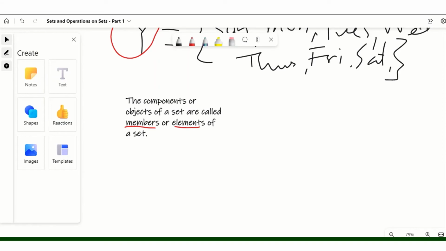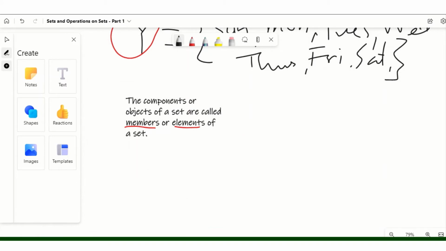Now, a member or element of a set can be anything. It can be numbers, it can be people, it can be letters of the alphabet, it can even be other sets. So let's look at this example quickly.